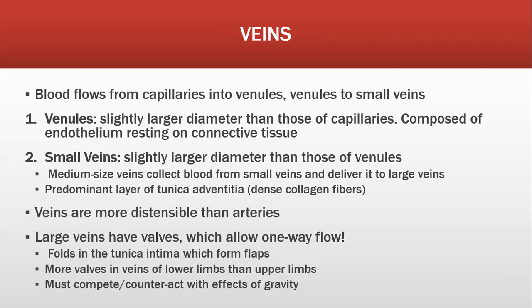So our veins cannot backflow. It just flows straight. The folds in the tunica intima form the flaps, and there are more valves in the veins of the lower limbs than the upper limbs, which must counteract the effects of gravity.